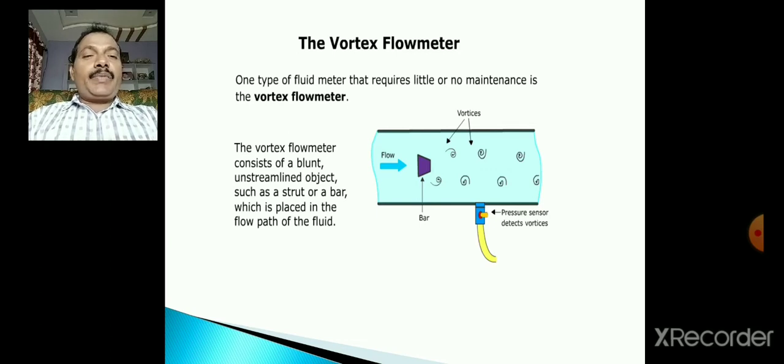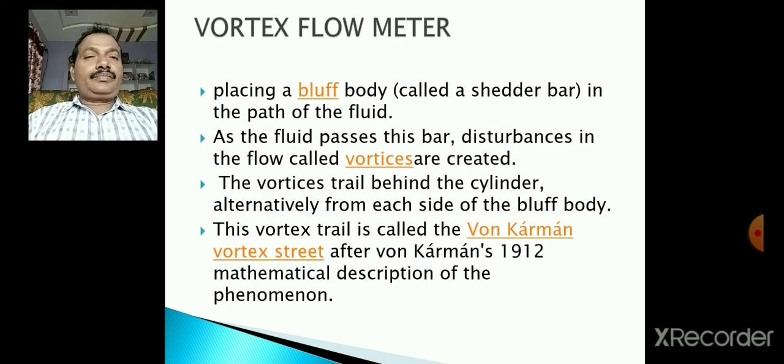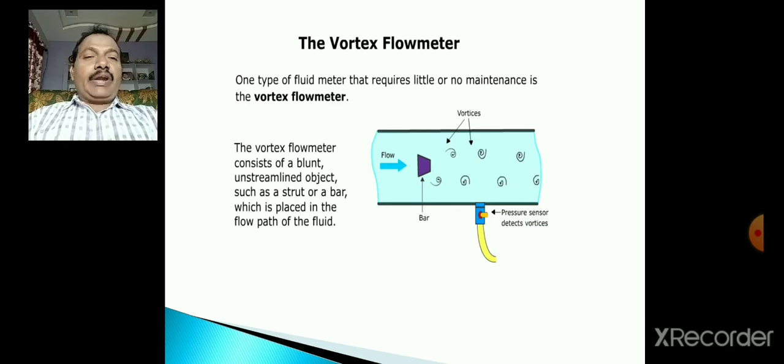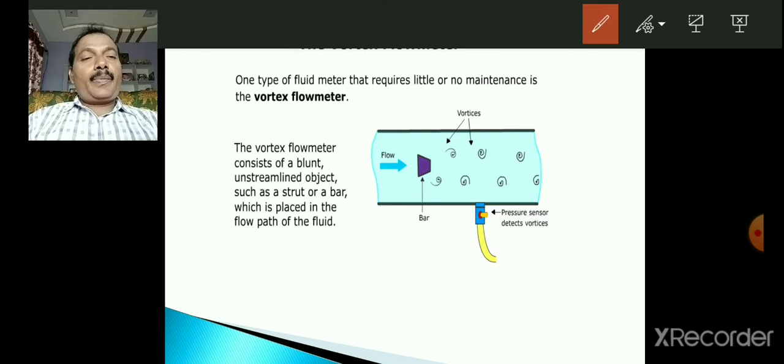The vortex flow meter consists of a blunt, unstreamlined object such as a strut or a bar which is placed in the flow of the fluid. You can call this a shedder bar, a strut, vortex bar, bluff body, or simply a bar.